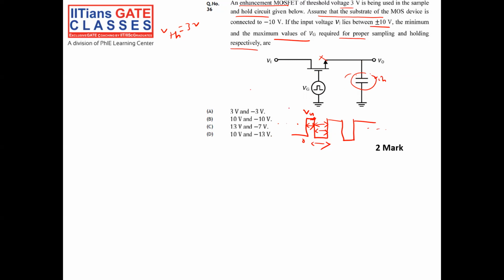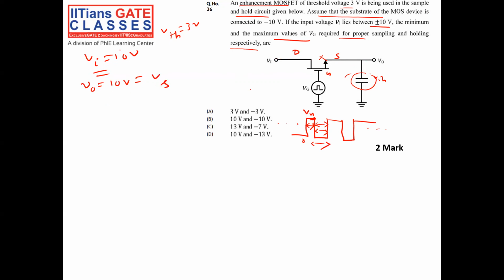You see, for example here, my VI lies between plus and minus 10 volt. Suppose my VI is equal to 10 volt. Okay, so if VI is 10 volt, when it is on, it will charge the capacitor up to 10 volt. So V0 will go up to 10 volt, which is nothing but the source voltage.